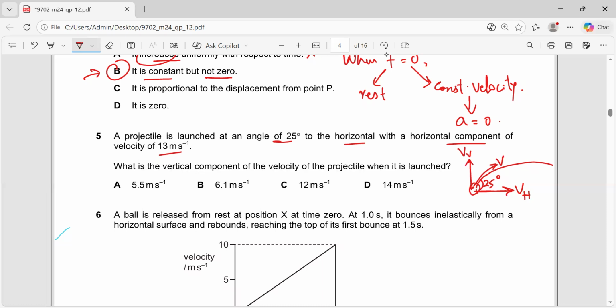Question says if the horizontal component of velocity is 13, let's say this value is 13 meter per second. So question says what will be the value of vv, right?